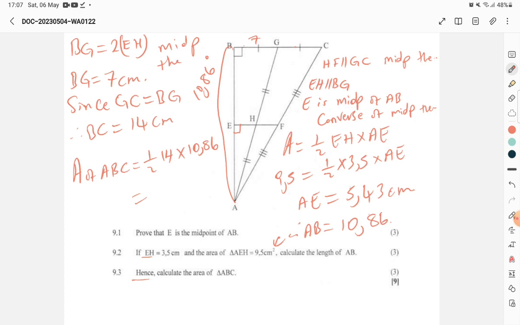So the answer is half times 14 times 10,86, which is basically 76,02 centimeters squared. So we actually have that information over there.